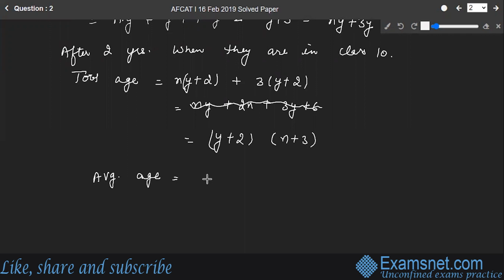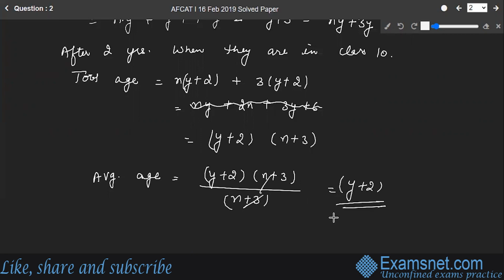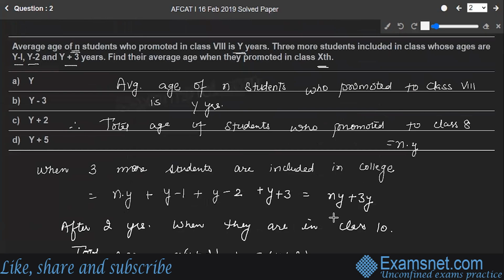This is equal to the total age, which is equal to Y plus 2 into N plus 3 whole divided by N plus 3. Because now 3 more students are added. So average age will be N plus 3 now, right? This will cancel and you have Y plus 2 as the new average age. Hope this is clear to you. Let's see, we have option C as the answer.